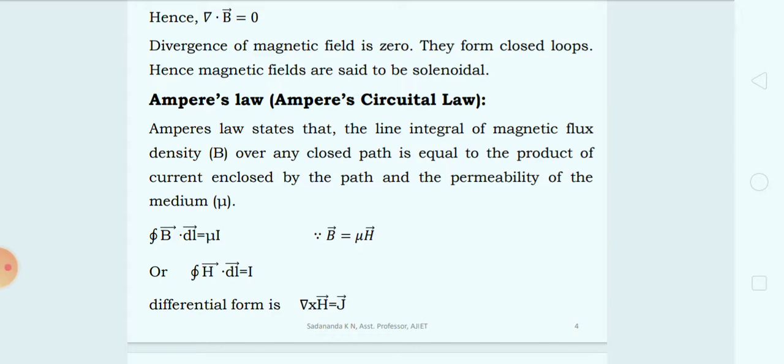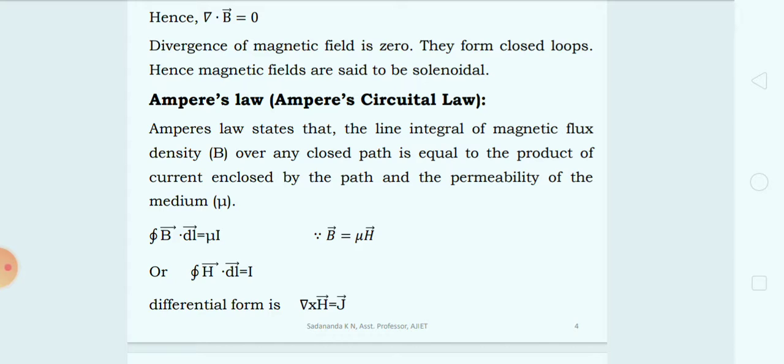Next topic is Ampere's law or Ampere's circuital law. Ampere's circuital law states that the line integral of the magnetic flux density, that is vector B, over any closed path is equal to the product of the current enclosed by the path and the permeability of the medium.